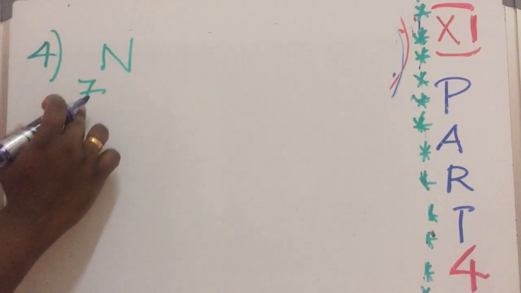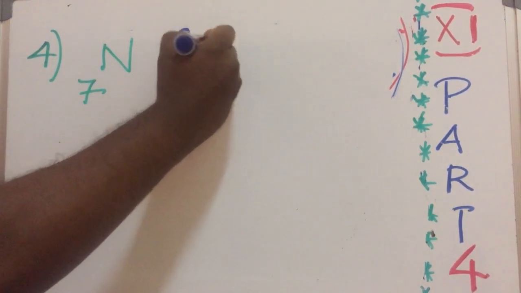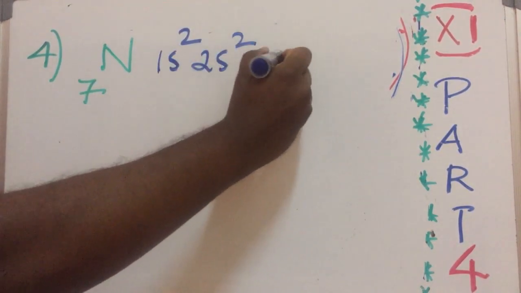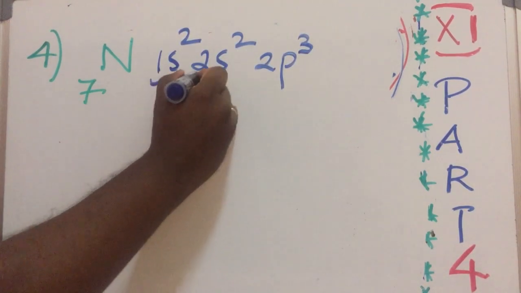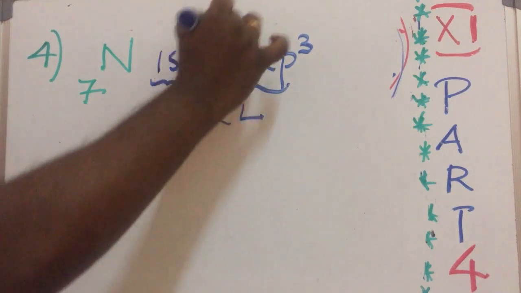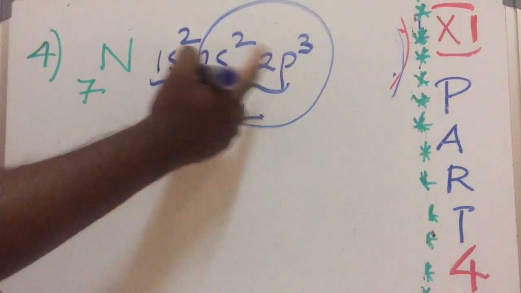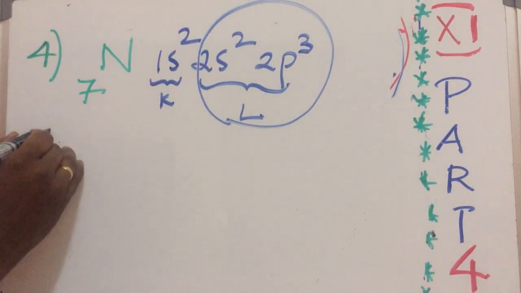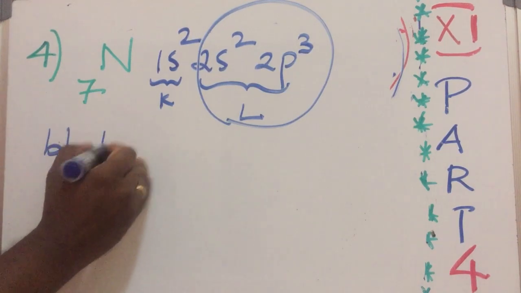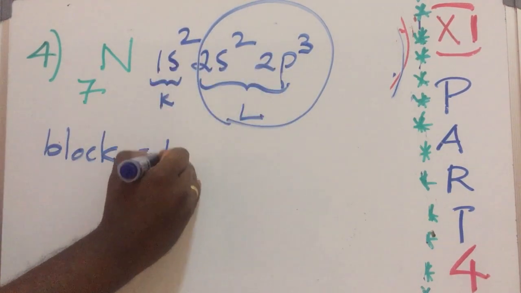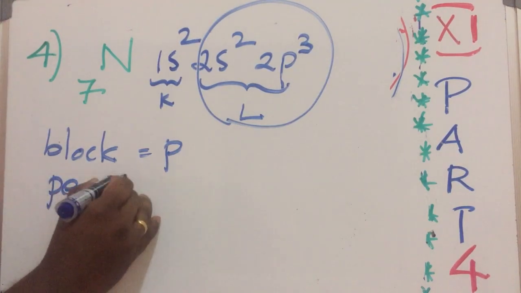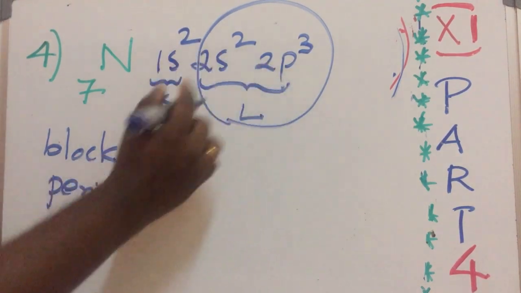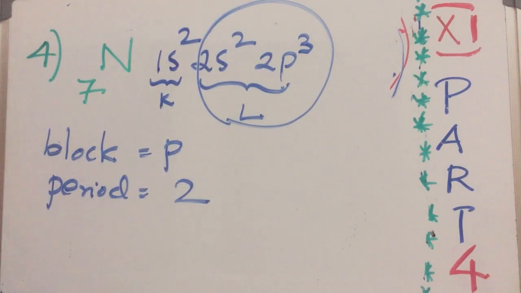Nitrogen, atomic number 7, electronic configuration 1s2, 2s2, 2p3. 1s2 is K shell, 2s2, 2p3 is L shell. So the valence shell is L shell, 2s2, 2p3. Which block? Last electron entering p, so block is P. Period, shell number KL, second, so period is 2.